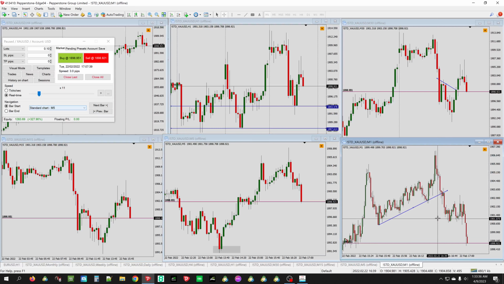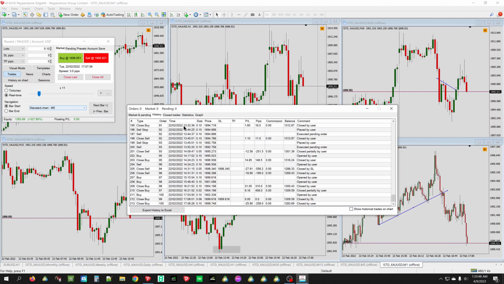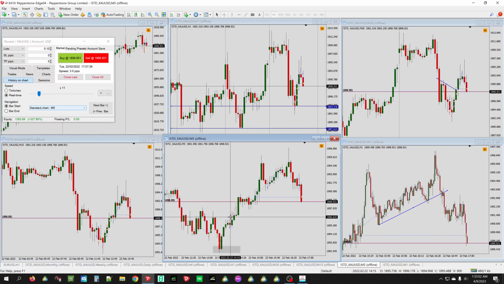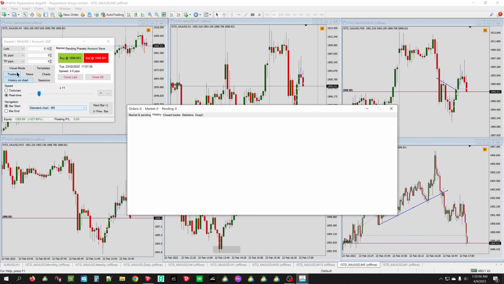And if I look at the M1 time frame, I executed buys, very wrong buys in here. And if I show my history, the sells executed right in here were also very wrong sells.